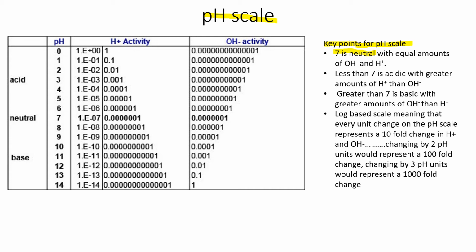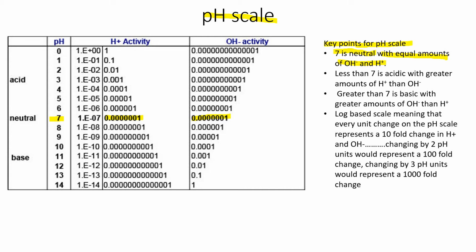Well, the fact that 7 is neutral, what that really means is we have equal amounts of OH- and H+ in there. We kind of highlight pH 7 on the pH scale, and we look at how much H+ we have and how much OH- we have. You see that we have equal amounts of each, and that's what it really means to be neutral on the pH scale.